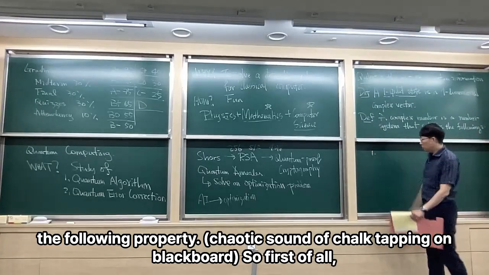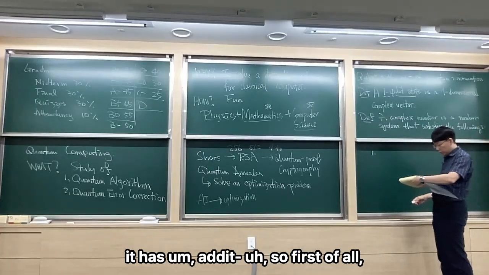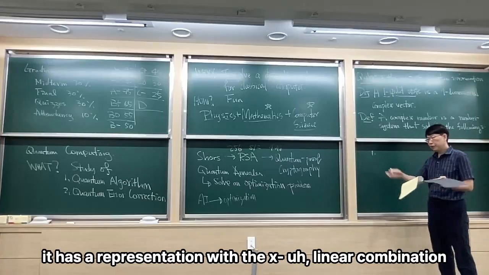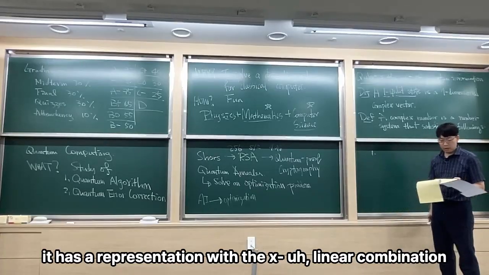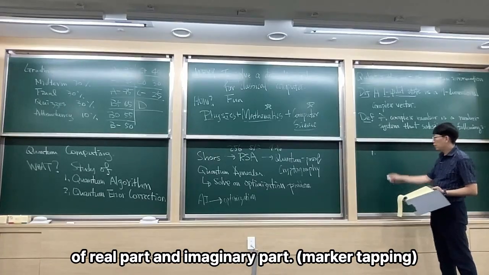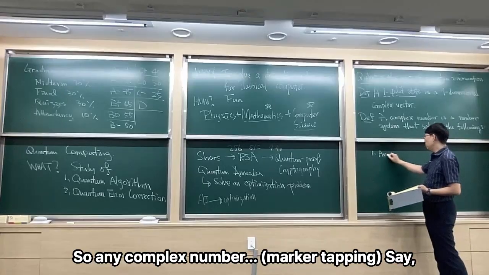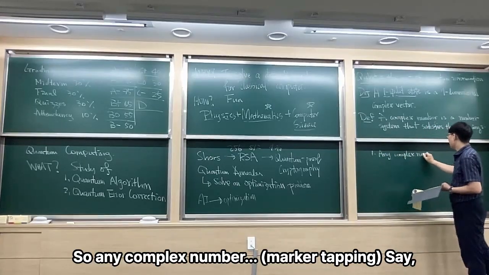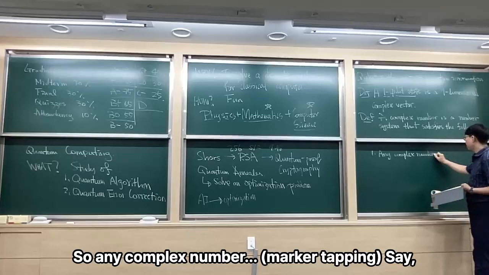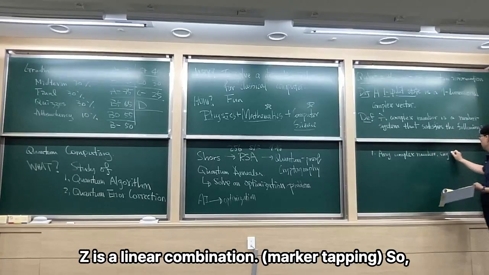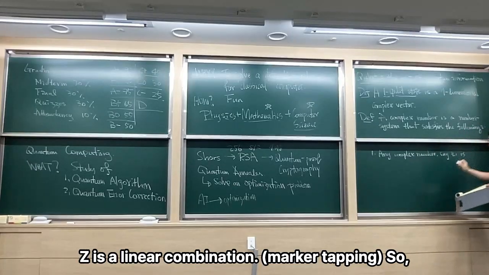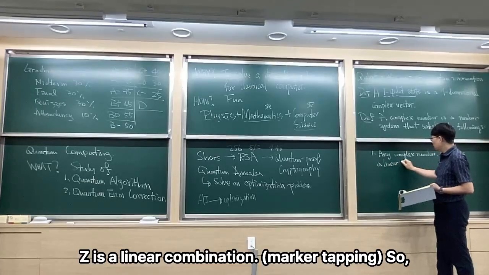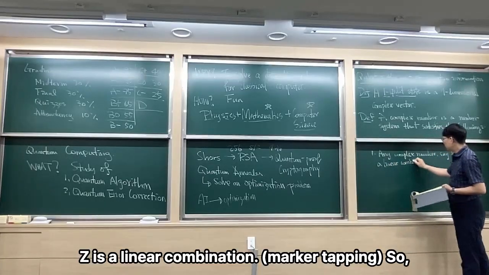First of all, it has a representation as a linear combination of a real part and an imaginary part. So any complex number, say Z, is a linear combination.